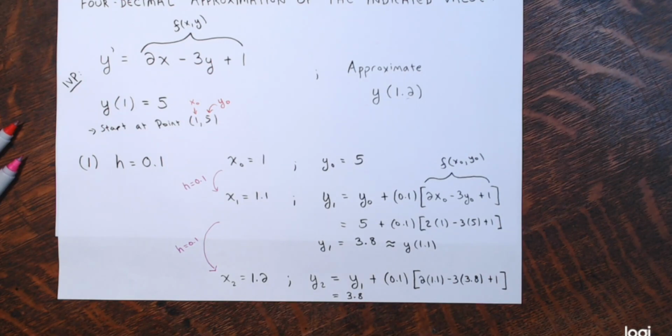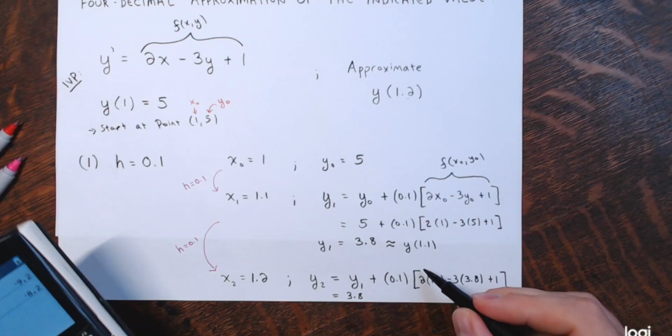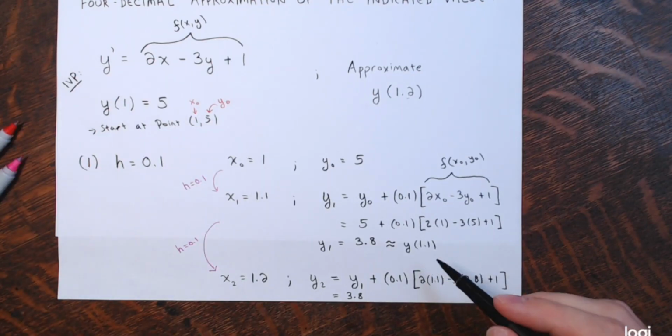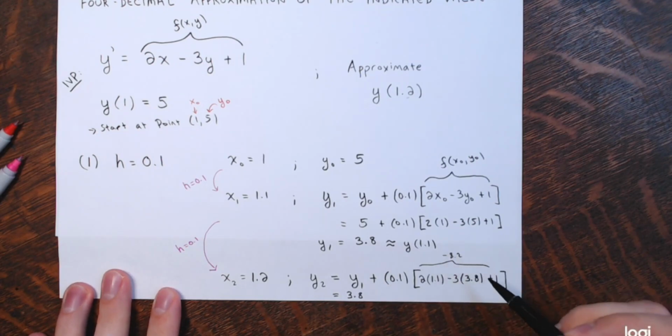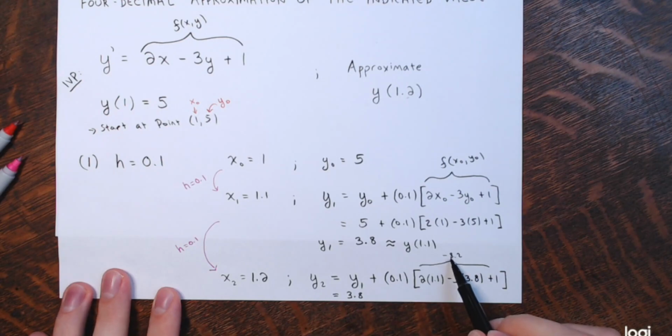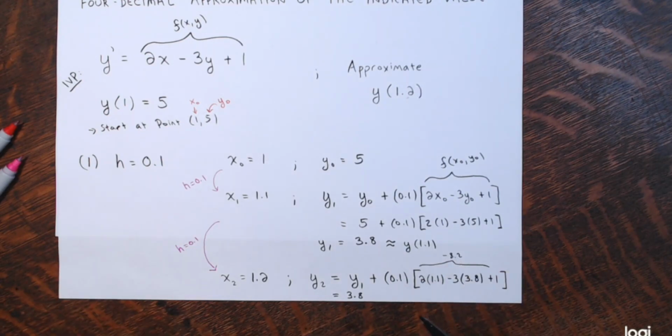Now 2.2 minus 11.4 is negative 9.2, and then plus 1 would be negative 8.2. Just flashing the calculator here to show you how I'm using it. This is negative 8.2, and then 1/10 of that is negative 0.082. So we subtract that from 3.8: 3.8 minus 0.082.